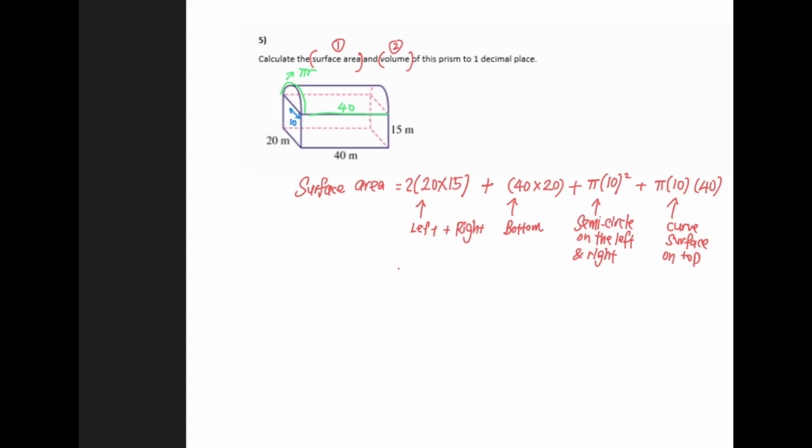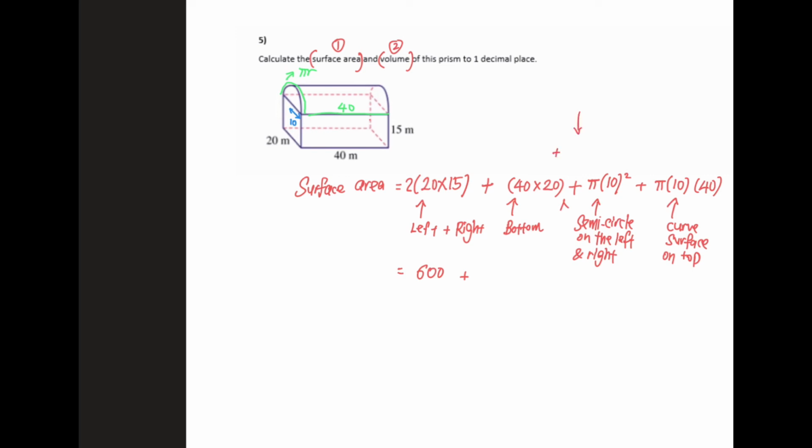Okay, so then we just add up. The first term, 2 times 20 times 15, I get 600. The second one, the bottom, 40 times... I think I left out one. Front and back.